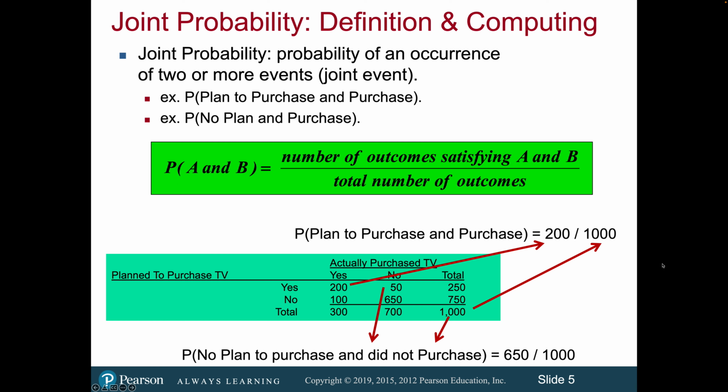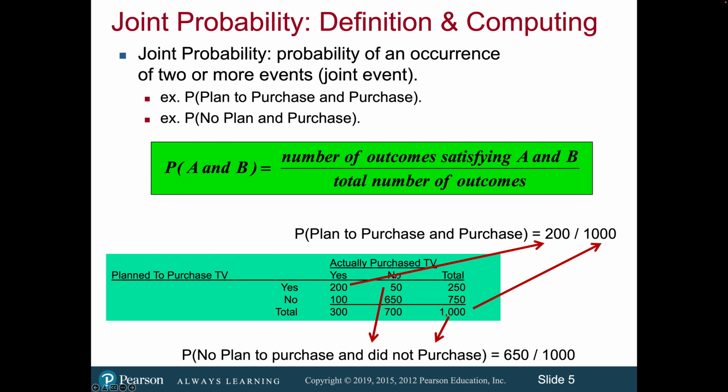Now, things get a little crazier when we start joint probability distribution. So that's where we start putting two things together. So the first example they've given is the probability of plan to purchase and purchase. Well, again, for reasons I explained earlier, that would just be the yes and yes response of both of the events. So that would be 200. Did not plan to purchase and did not purchase, that would be the 650.